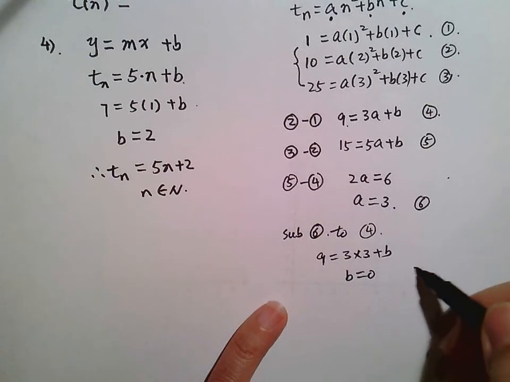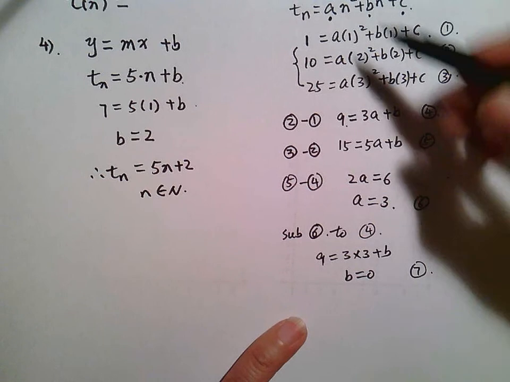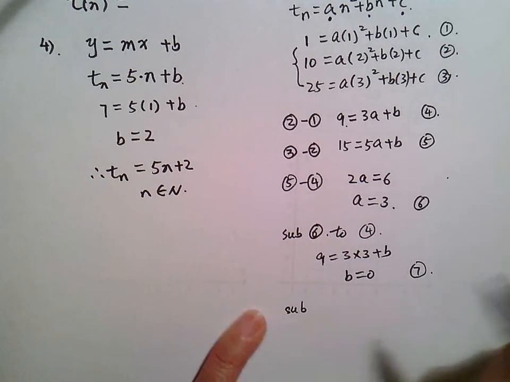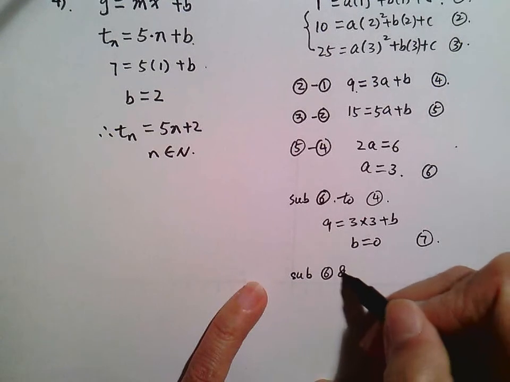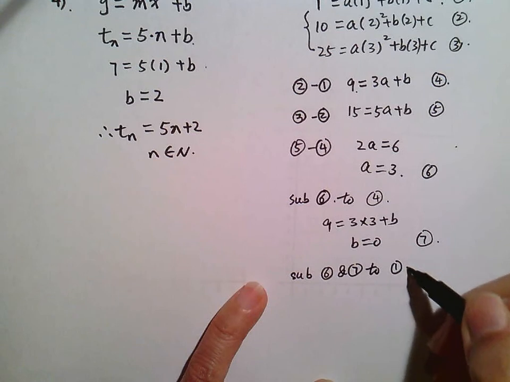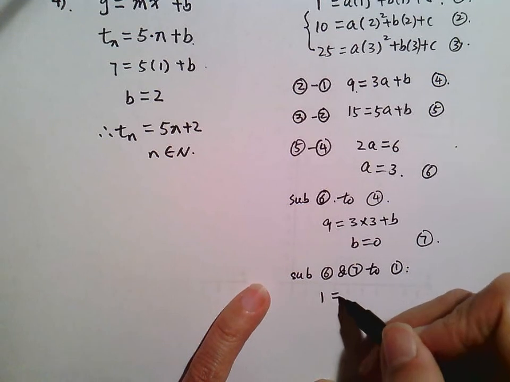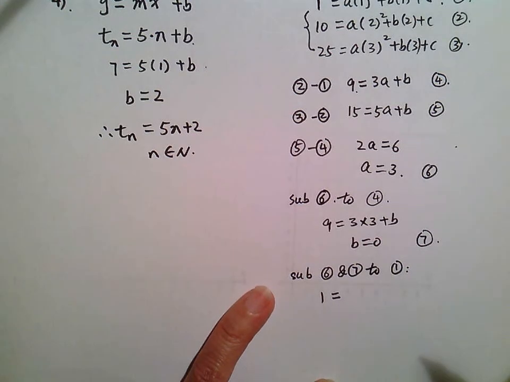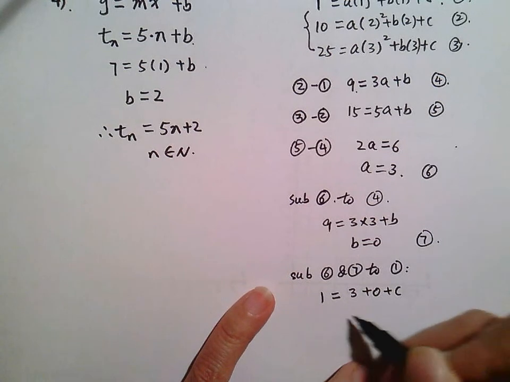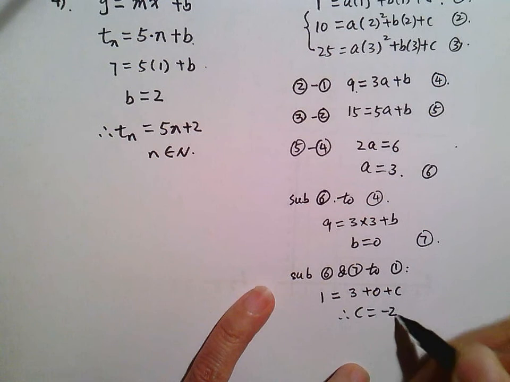Once I get b equals 0, I can easily solve for c by substituting a and b into equation 1. I will get 1 equals 3 plus 0 plus c. Therefore, c equals negative 2.